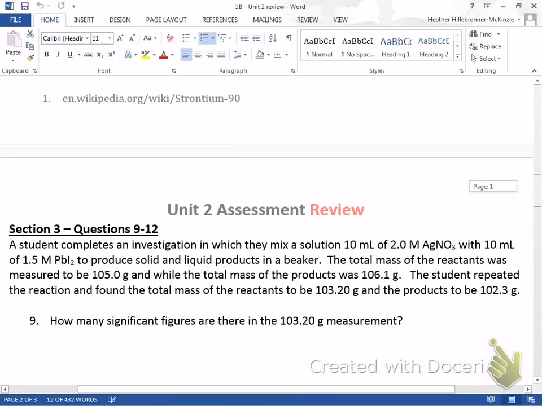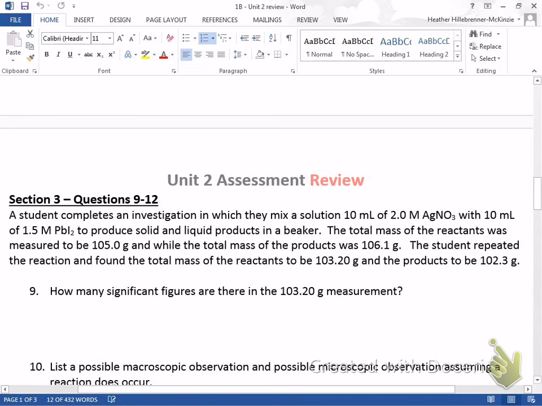All right, so what would you do? You would take AgNO3 and what? Plus PbI2. Okay, now what has to be on the other side?